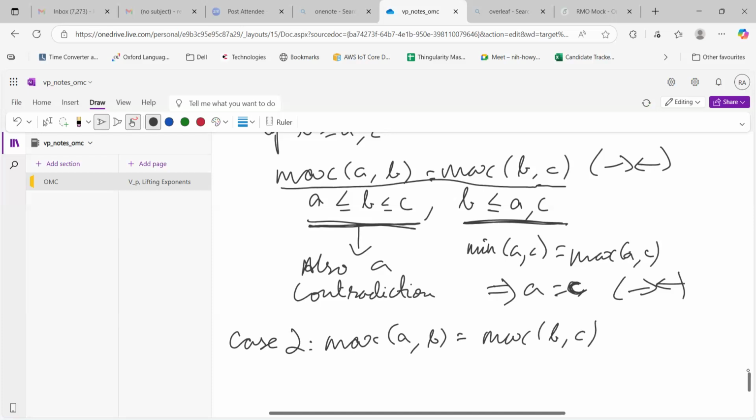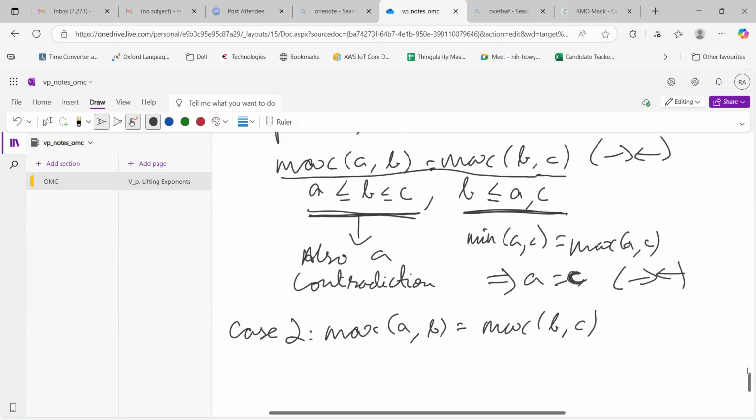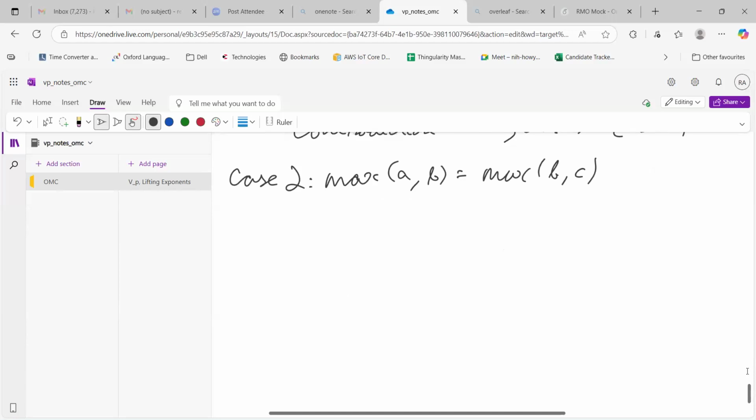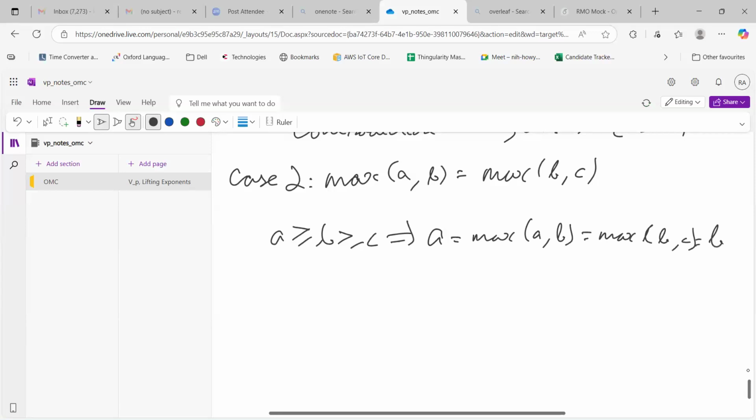So what happens here? If B lies between A and C, then all have to be equal. Yes, this gives A is equal to max of A and B, and that's equal to max of B and C, and this is equal to B. This is a problem, right?